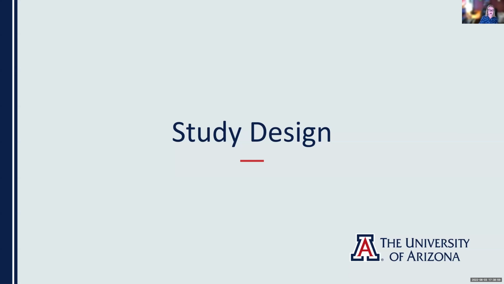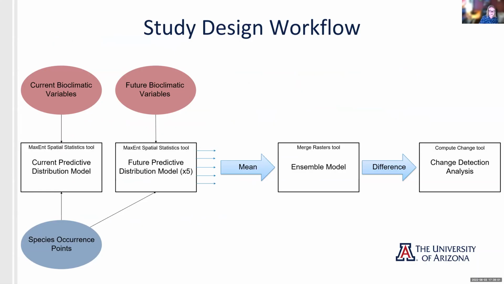So, the study design. The study started by using species occurrence points and historical bioclimatic variables to build a predictive model using what's called the presence-only prediction, or Maxent, spatial statistics tool in ArcGIS Pro.